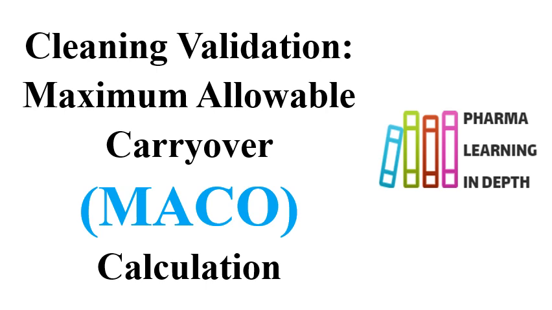So there are chances that the residues from the manufacturing of product A may contaminate the product B. This is the simple understanding behind the requirement of proper cleaning and doing the cleaning validation.